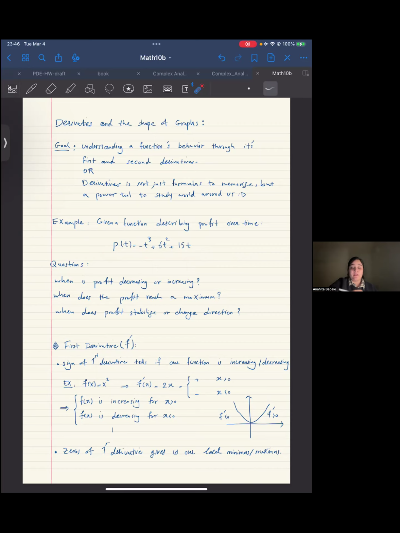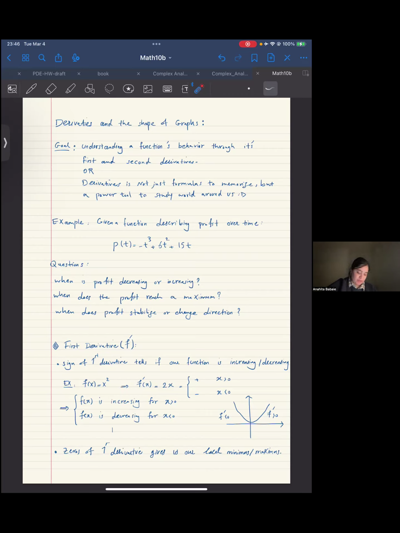But working with the derivatives, we can extract useful information about that function. Now, we're going to see what kind of information we can derive from studying first and second derivatives.